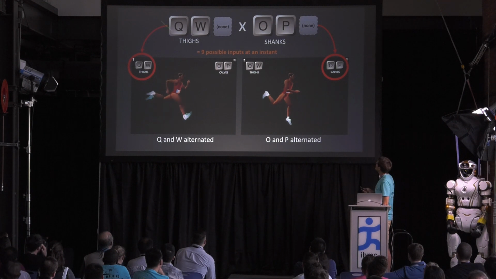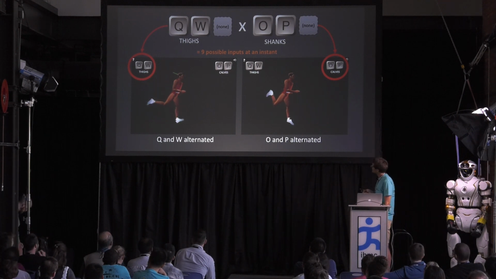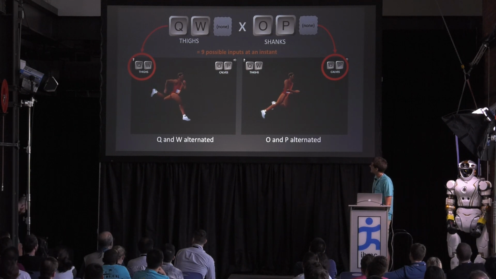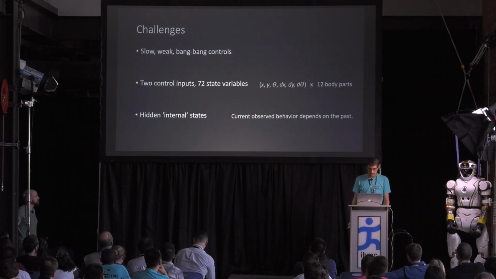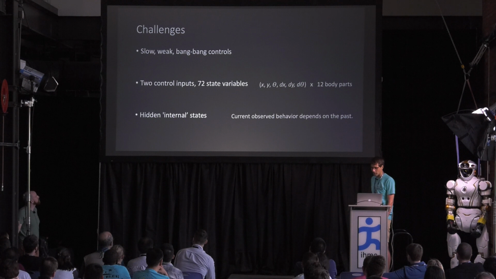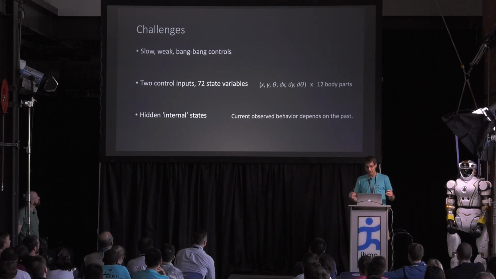QWOP is named after the 4 keys on the keyboard that you press to control it. Q and W does that scissor motion to the hips, and O and P does antagonistic motion to the shanks. So QWOP presents some hard challenges, including we're stuck with bang-bang control. Keys either down or it's not.